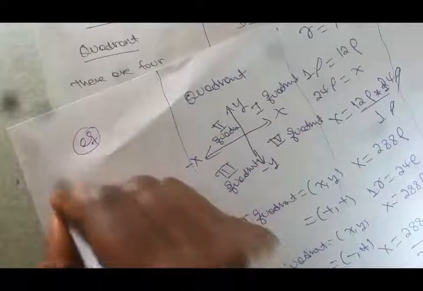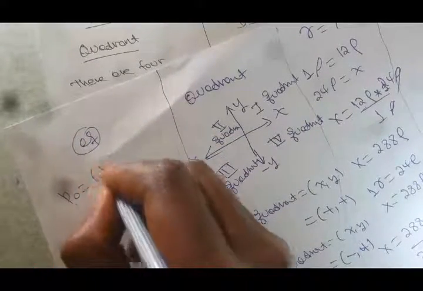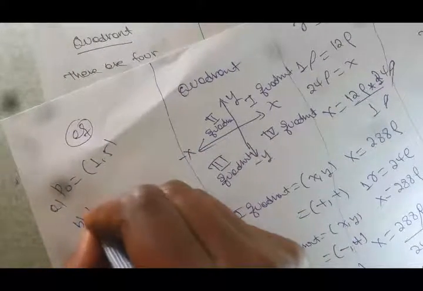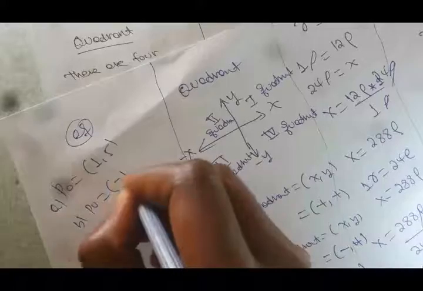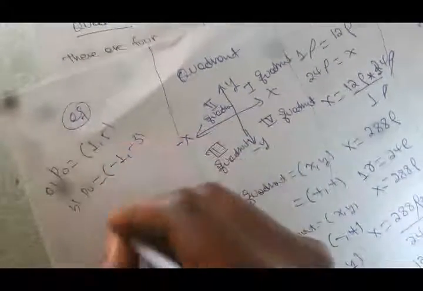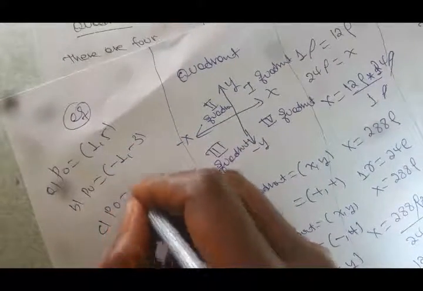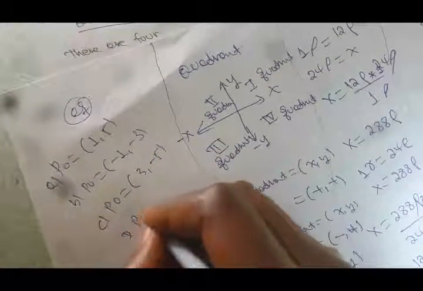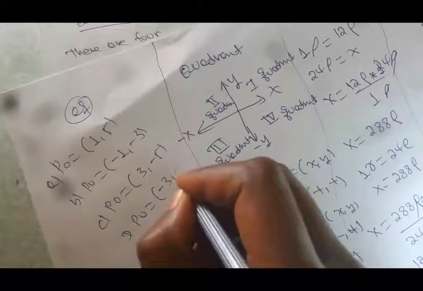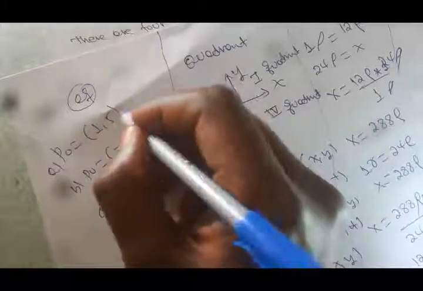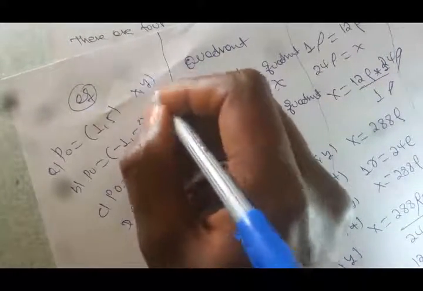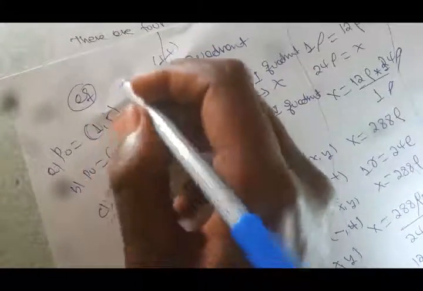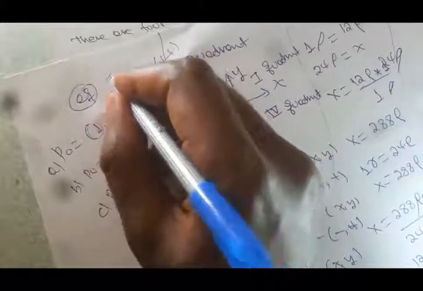In which quadrant do the points lie: A, (1, 5); B, (-1, -3); C, (3, -5); D, (-3, 5)? We know that if both X and Y are positive, because 1 and 5 are positive, it will be found in the first quadrant.